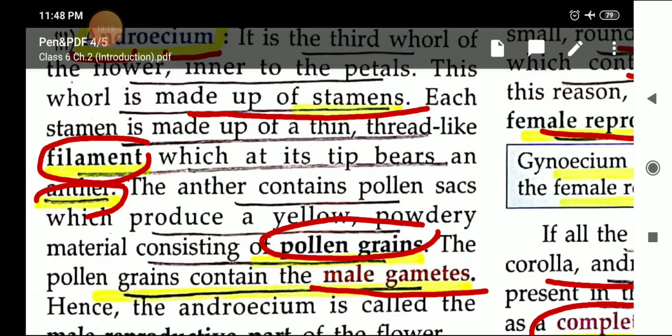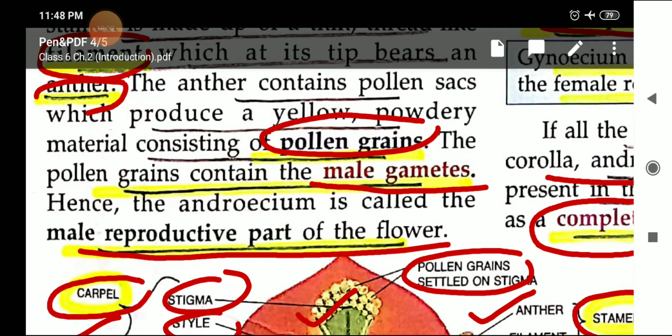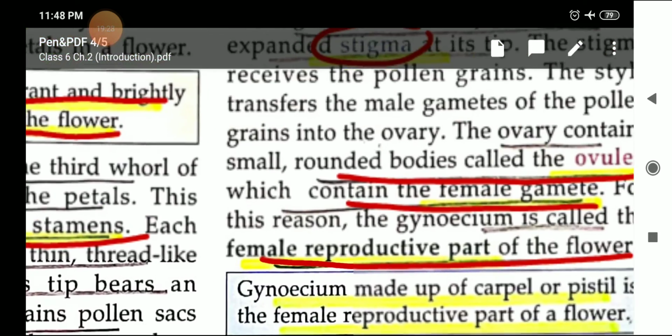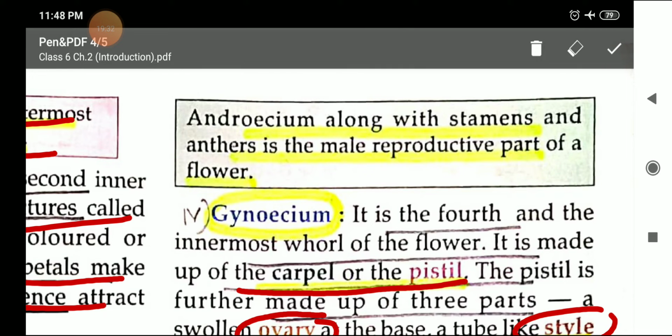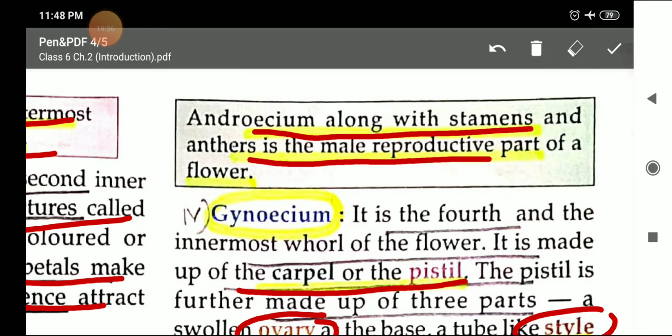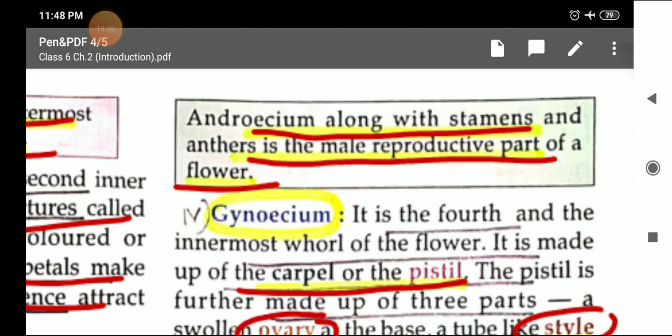Each stamen has two parts, filament and anther. And it is also known as the male reproductive part of a flower. Why? Because it contains male gametes. So androecium along with the stamen and anthers is the male reproductive part of a flower.